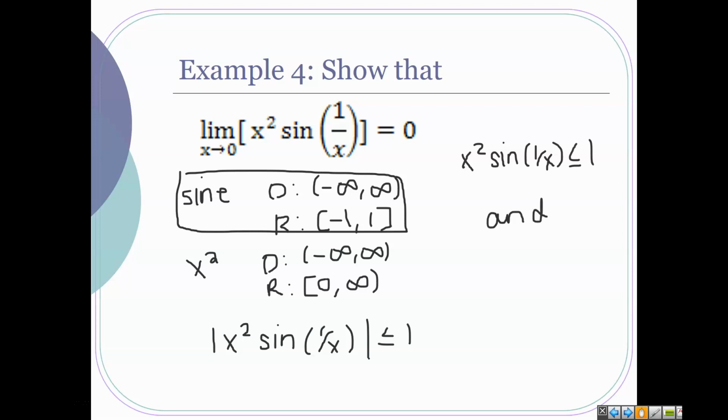And because it's less than, x squared sine 1 over x had to be greater than or equal to negative 1.